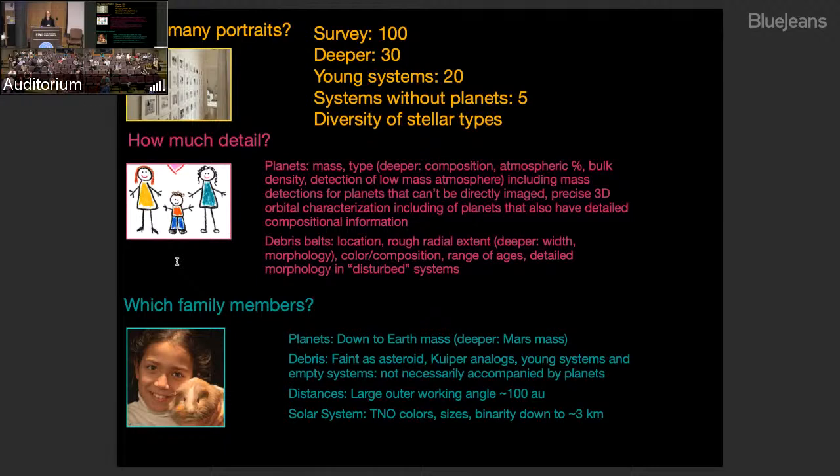Some of this stuff is either incredibly difficult for HabWorlds, or there's something better suited to do it. Like what role can ALMA play in filling in some of this information, or what role could an Origins-like mission play? It would be good to think about that too, I think.